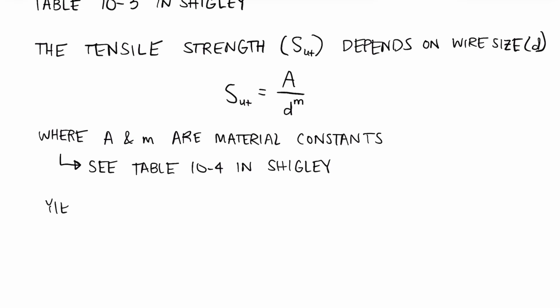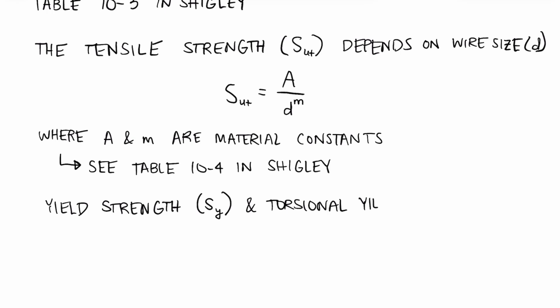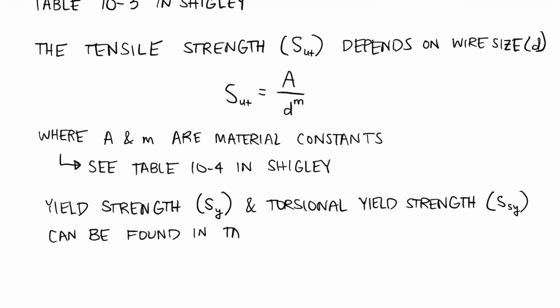So yield strength, which we write as SY, and torsional yield strength, which is S sub SY, can be found in Table 10-5.